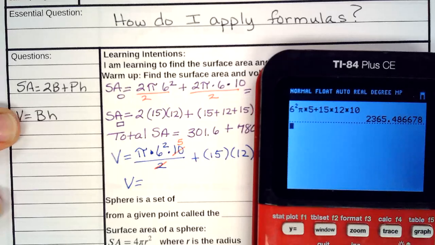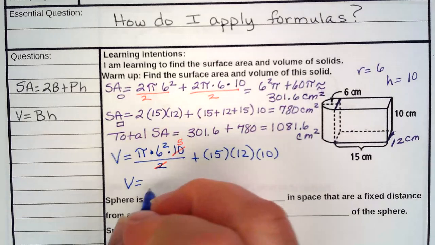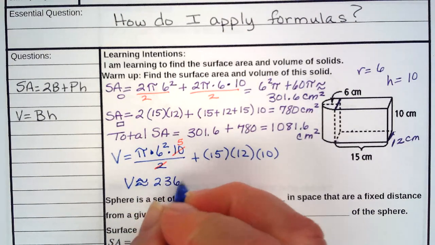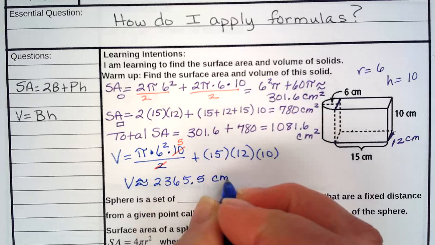And I end up with 2,365.5. This time it will be centimeters cubed.